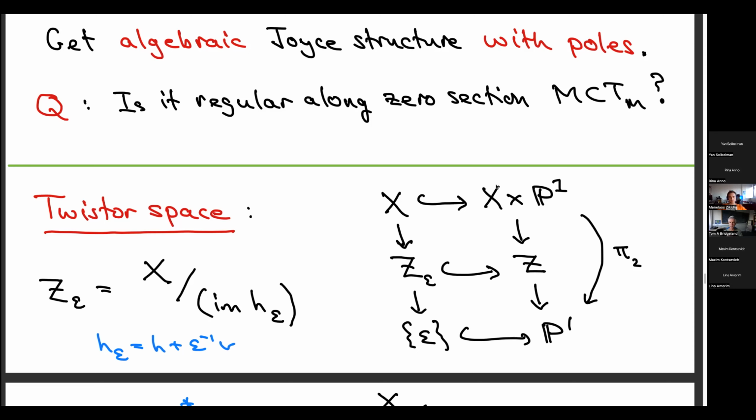You can think of that as just the quotient of X cross P1 by this foliation. Of course, I'm slightly scared of these things because this is not going to be a manifold in general. I guess it's the complex manifold equivalent of a Deligne-Mumford stack or something. So I'm a little bit nervous about that. Okay, let's press on.